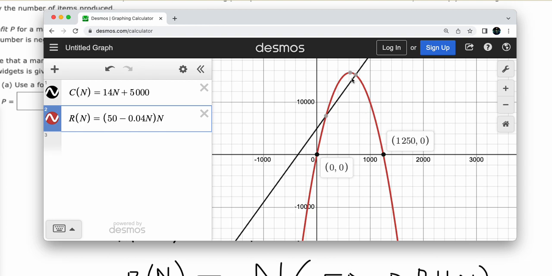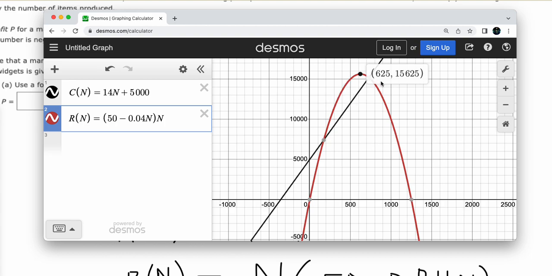But there is some ideal number of items to make, what's called the maximum revenue. Some problems might ask you about that. They might say, okay, what's the right amount of units to produce if we want to maximize our revenue? According to the Desmos results, 625 is the right number to make to maximize the revenue. That's the money coming into the business.